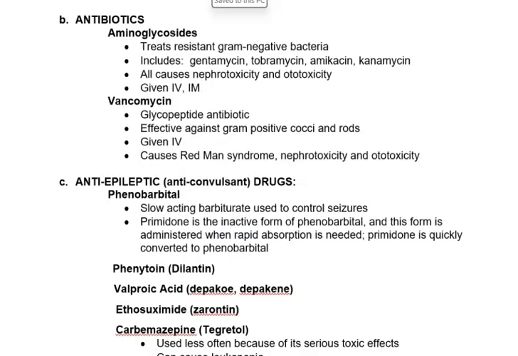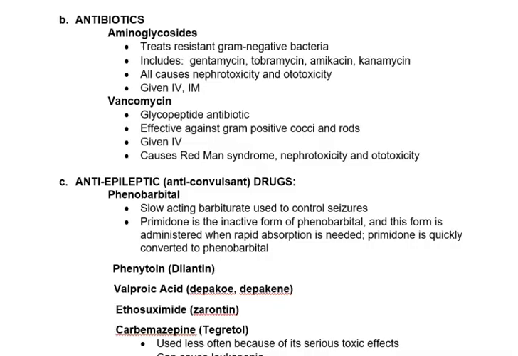Our next class of drugs is our antibiotics. Our first category in our antibiotics is our aminoglycosides. These treat resistant gram-negative bacteria. These include gentamicin, tobramycin, amikacin, and kanamycin. All can cause nephrotoxicity and ototoxicity, and they can be given through IV or IM, intravenously or intramuscularly.